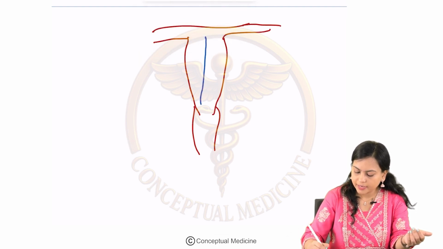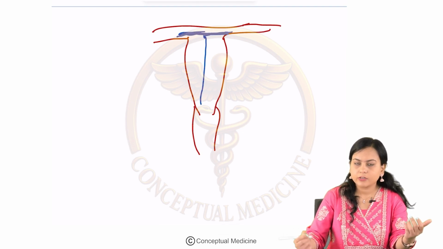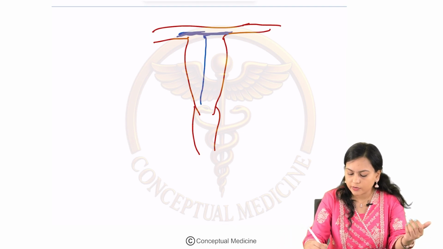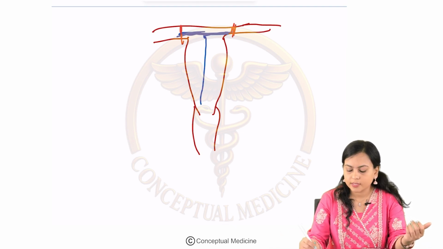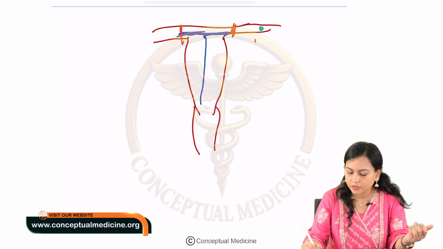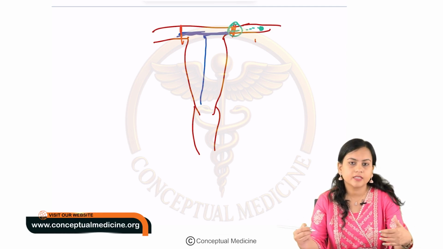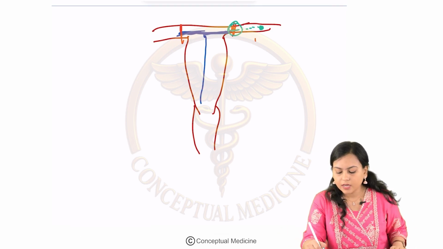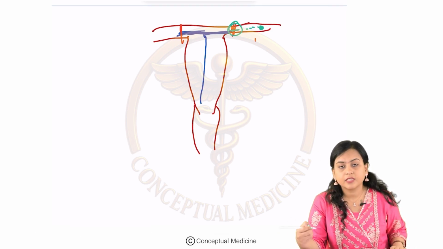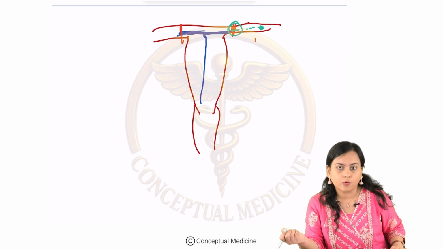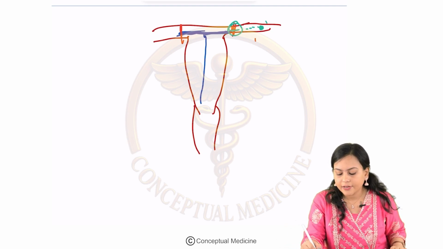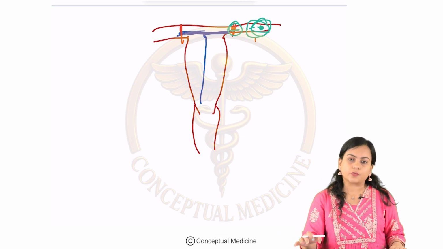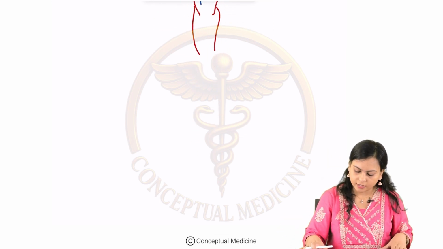So I will be implanting it like this only, and the copper T is going to take this position. So what is ultimately happening? There is blockage of the tubes. Suppose fertilization is happening here, and this has to travel here, this blockage doesn't permit the further movement of the blastocyst or embryo, whatever it is. So there is a high chance that it gets implanted in the tubes itself. Can you get it? Yes.